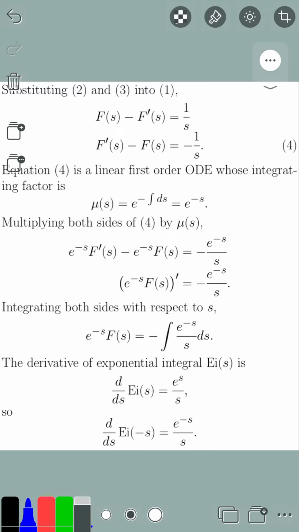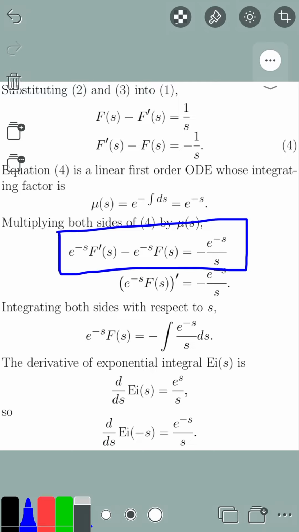The integrating factor is e to the power of the integral of the coefficient of F(s), and the coefficient of F(s) here is just negative 1, so the integrating factor is mu of s equal to e to the integral of negative ds, so e to the negative s. That is the integrating factor. Then multiplying both sides by the integrating factor mu of s, we get this right here.